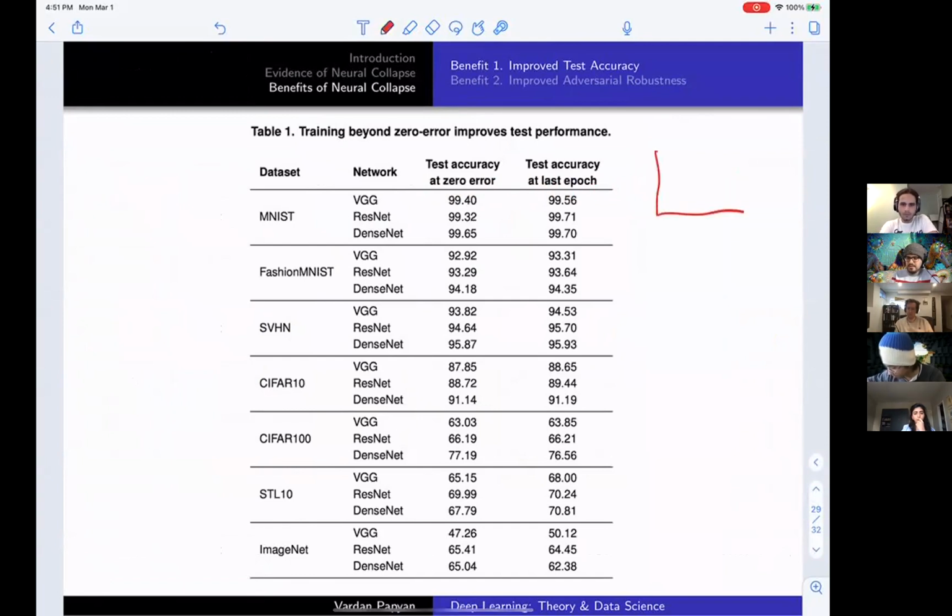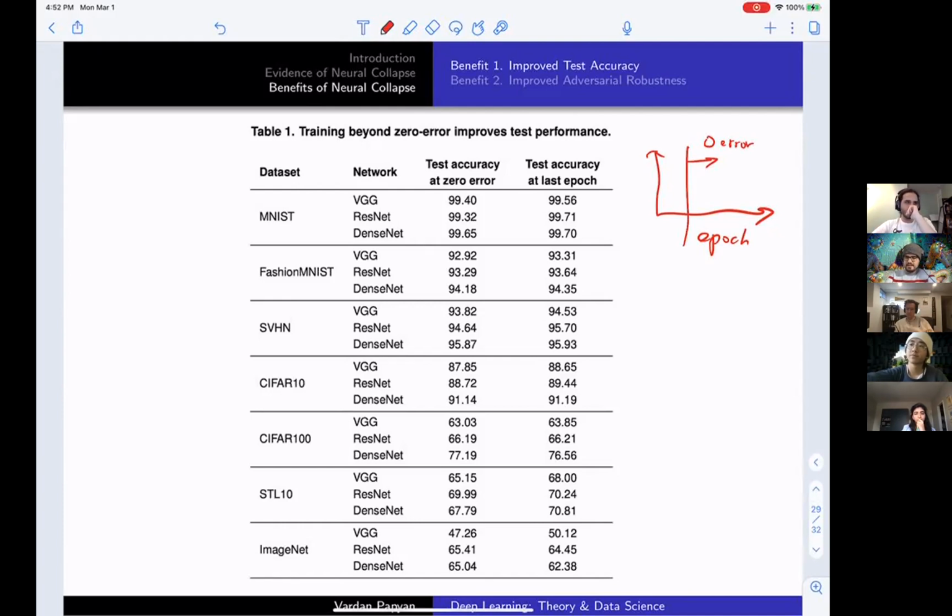So if you remember, in all the plots, we had this vertical line, and this vertical line indicated the place where you have 0 training error. So you might ask yourself, how much performance improvement do we get by training after 0 training error towards 0 training loss? Is that a reasonable question to ask in your opinion? It is a reasonable question.